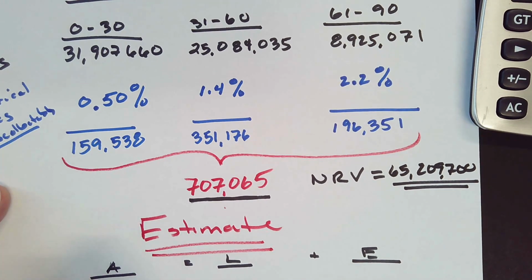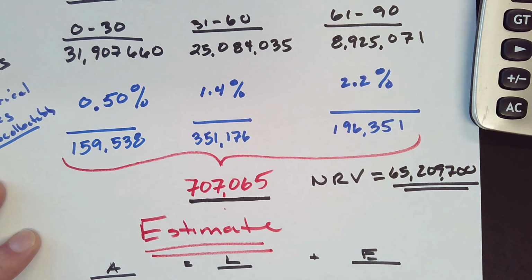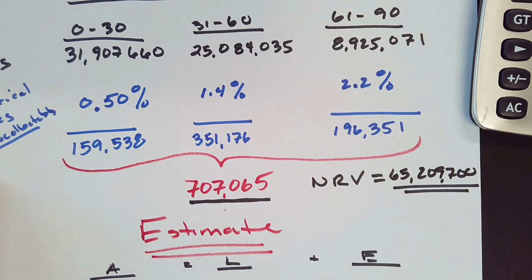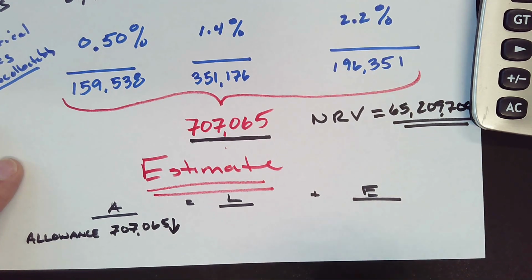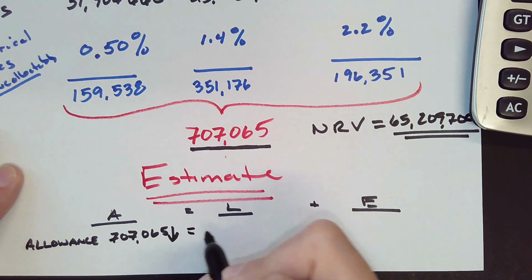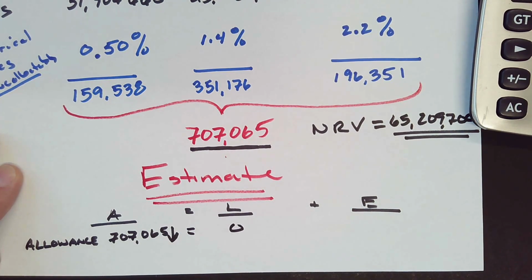So I'm going to end up having this new account called the allowance, and that is going to make my assets go down by 707,065. Nothing's happening with liabilities.